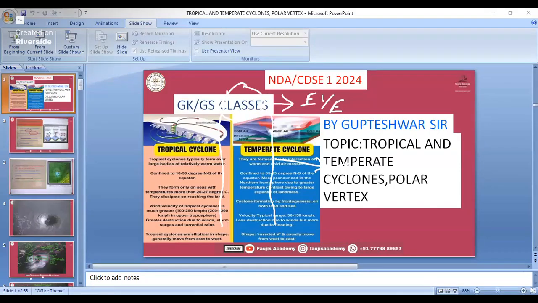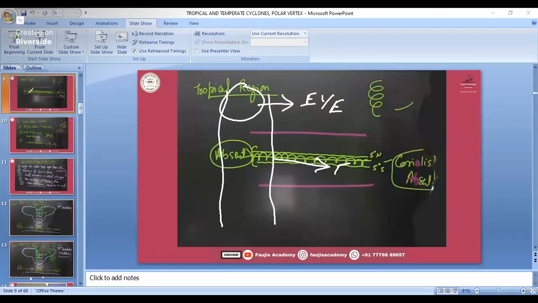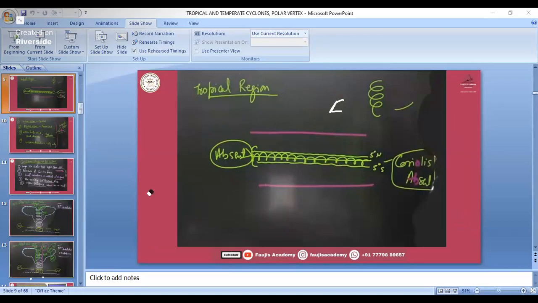No, sir. Just wait a minute, let me see. Okay, so you all confirm me whether slides are changing now or not. Now you all can see the tropical region part. Yes, sir. Okay. You all can see the occluded front, all these parts. Now anyone confirm me whether we are on the slide of tropical region or not. Still in tropical region, sir.